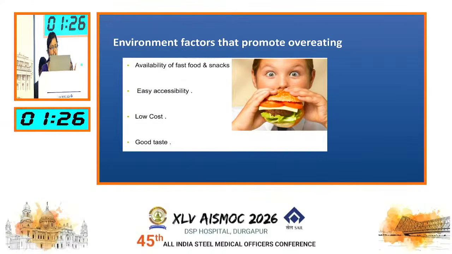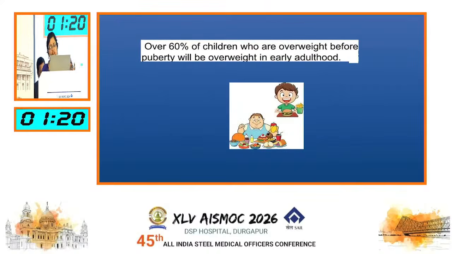The factors causing overeating are easy accessibility, low cost and good taste, and the sedentary lifestyle also causes this obesity. And 60% of children who are overweight before puberty will be overweight in early adulthood as well.